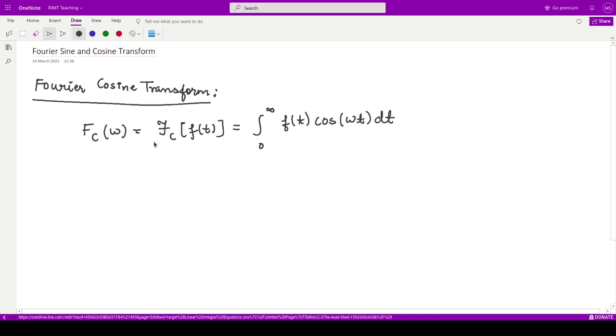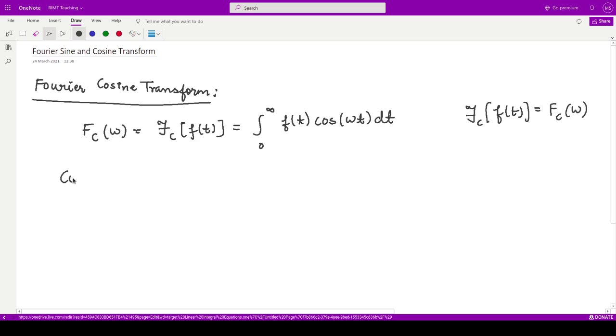What is this? This is integration from 0 to infinity f of t cos omega t dt, right? Or you can write this to be the Fourier cosine transform of the function f of t, that is equivalent to the Fourier transform of this function Fc of omega.